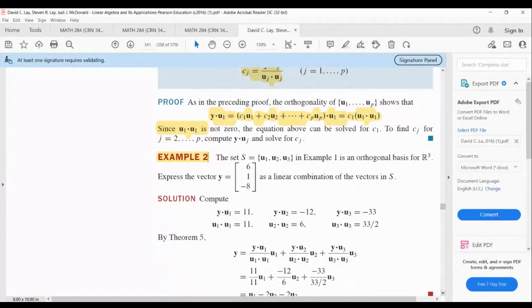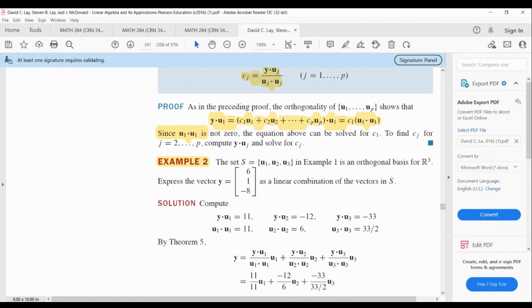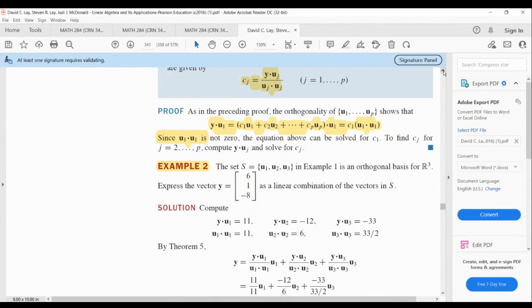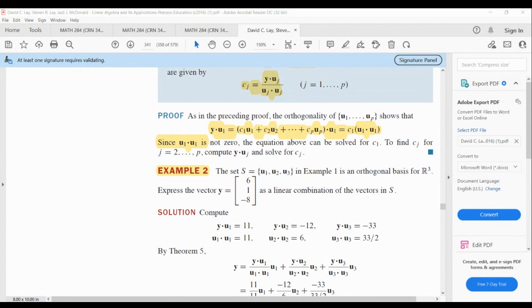Very simple. You just utilize the formulas in theorem 5. You utilize the formula in theorem 5 to find, let me see here, I want that to go up a little bit. Yeah, there's the c_j's, the weights from your linear combination.